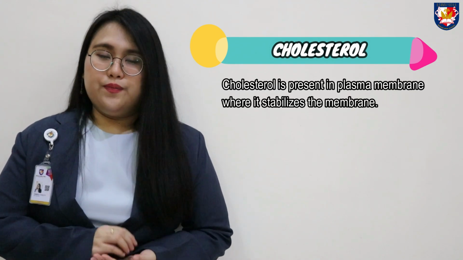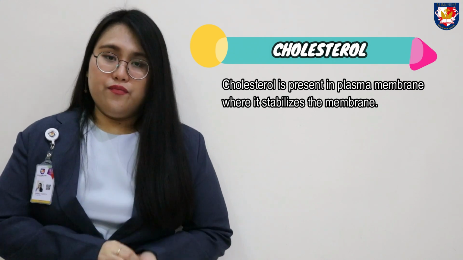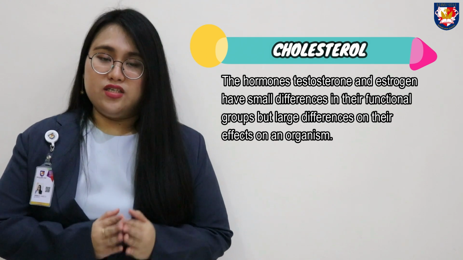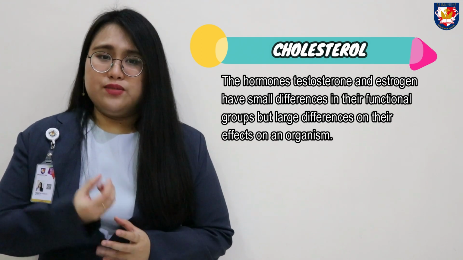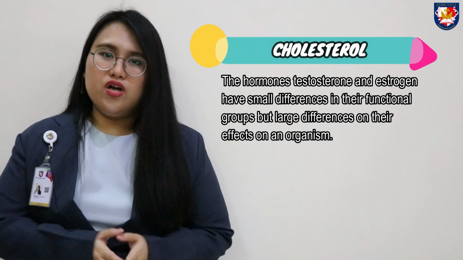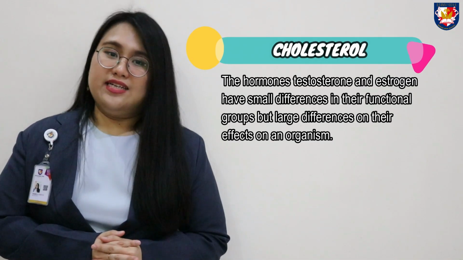The cholesterol present in the plasma membrane stabilizes the membrane, while hormones like testosterone and estrogen have only a small difference in their functional groups, but a large difference in their effect on the organism.